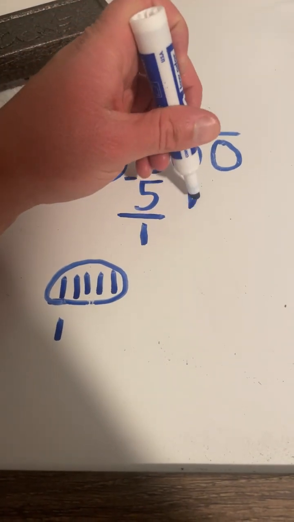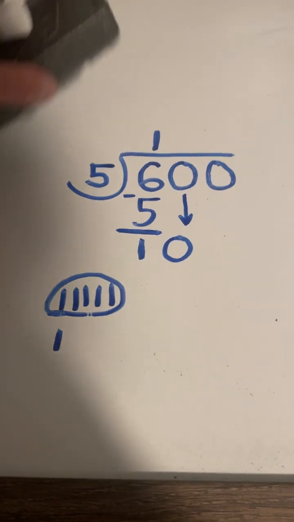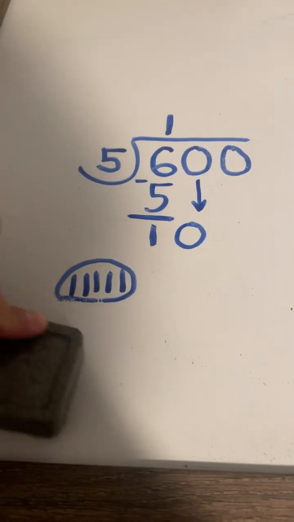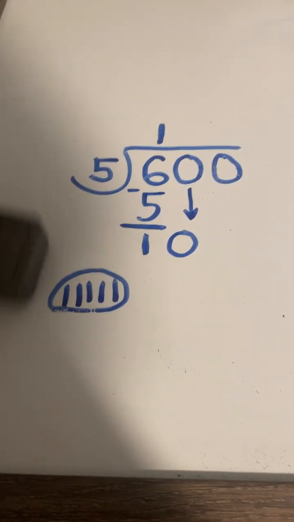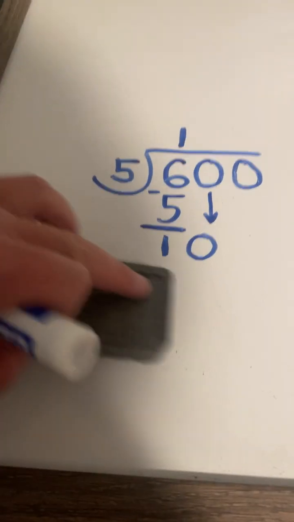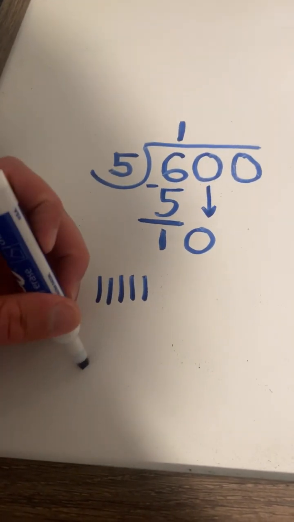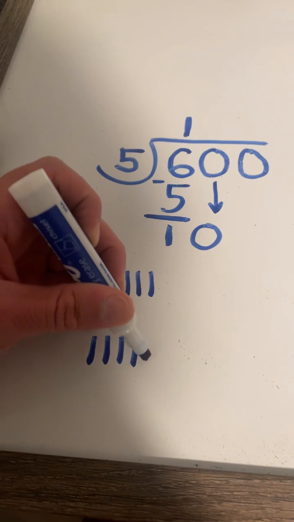Now we bring down the 0. Now we're going to make 10 total tallies. 1, 2, 3, 4, 5, 6, 7, 8, 9, 10.